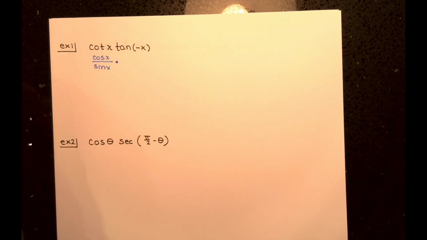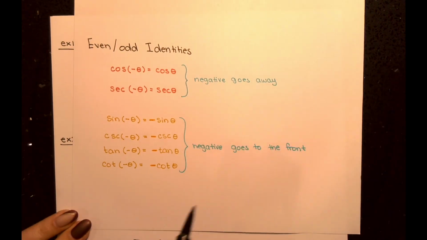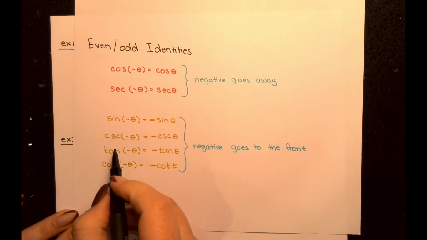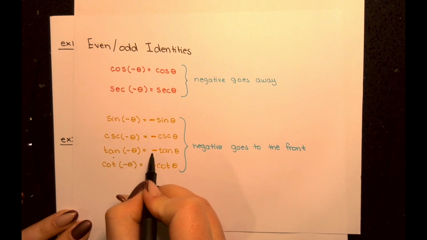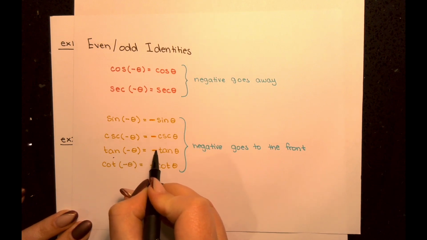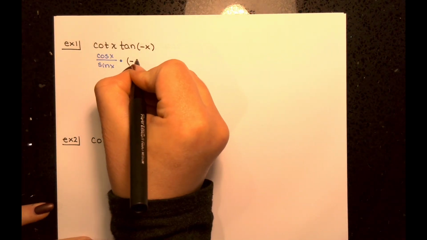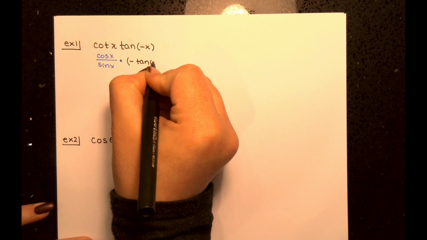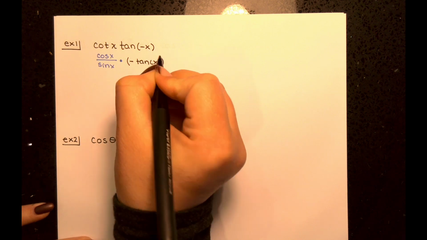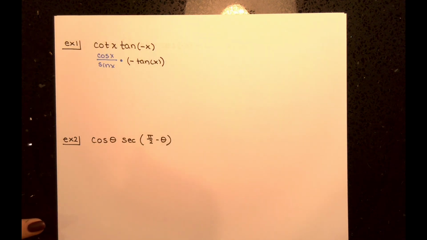Times tangent of negative x. Now if we look at the odd-even identities, tangent is an odd function, meaning the negative comes out in front. So we are now multiplying by a negative tangent of x. Still multiplication, but now we're multiplying by a negative.